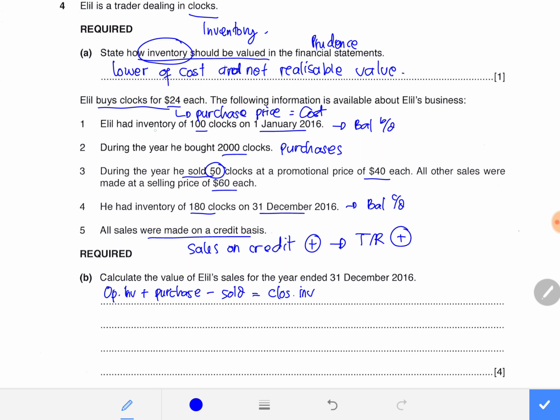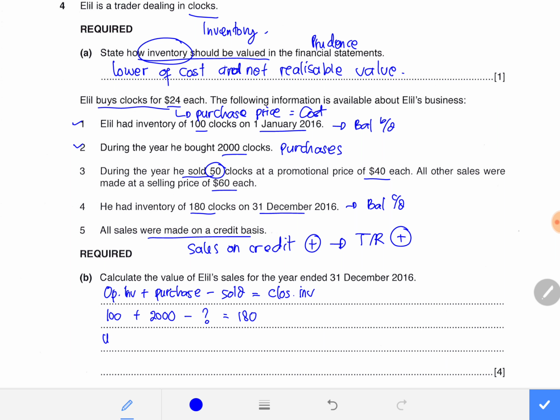If you look at question information number 1, you have an opening inventory of 100, and then you purchase more, 2,000, from number 2, and then you sold it, question mark, and then you have a closing inventory of 180.